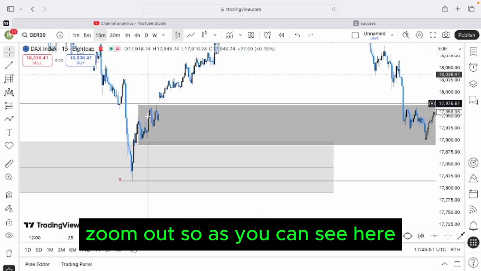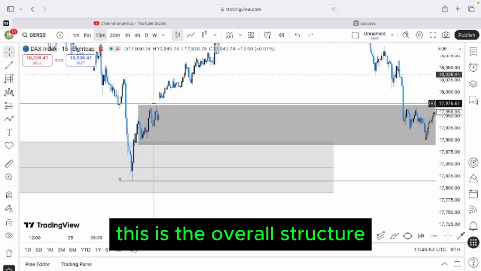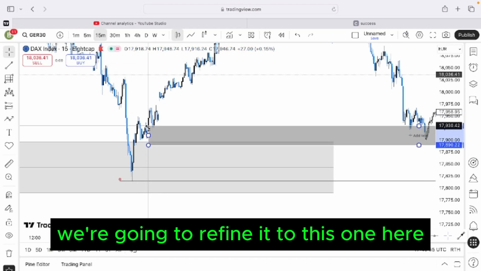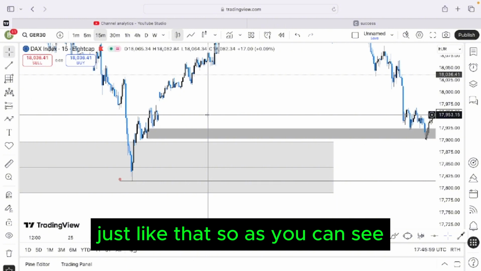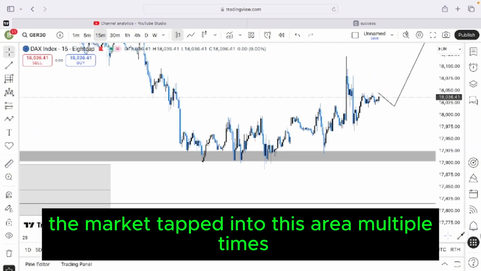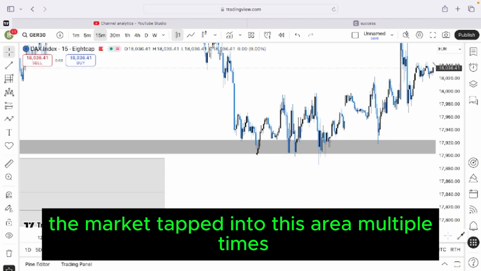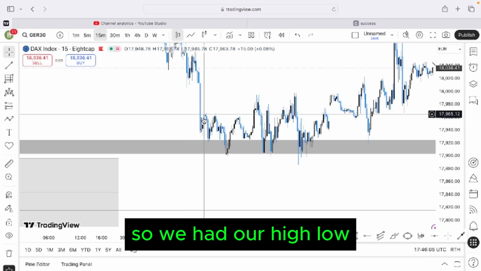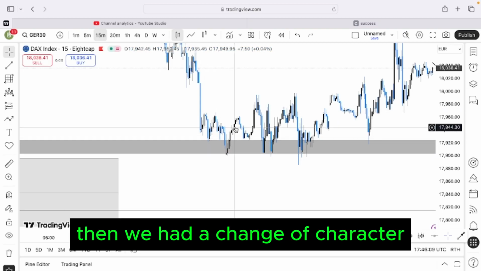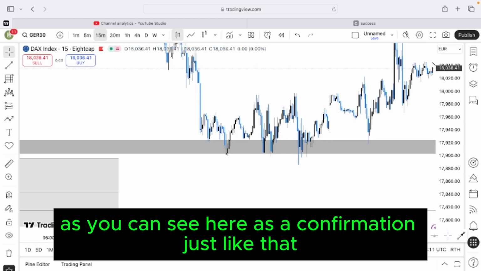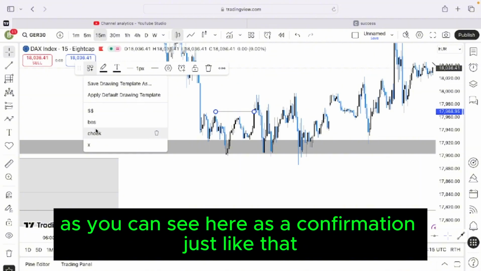So as you can see here, this is the overall structure, or this is the overall order block, but we're going to refine it to this one here, just like that. So as you can see, the market tapped into this area multiple times. So we had our high, low, lower high, lower low, then we had a change of character, as you can see here, as a confirmation, just like that.